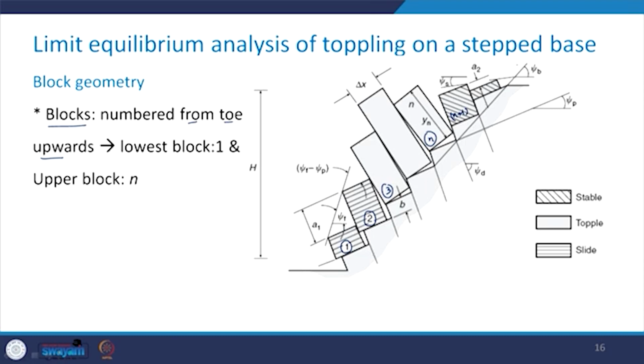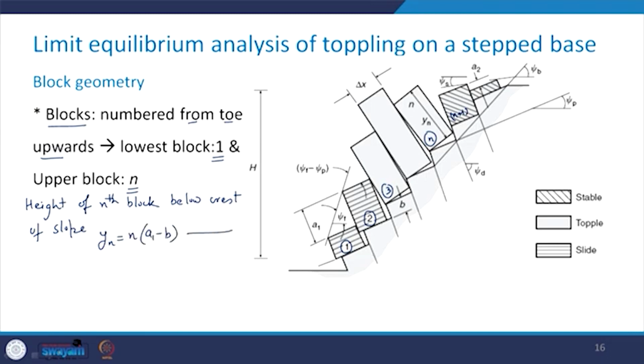So, the lowest block I will write as block 1, and the upper block for which the analysis is being carried out is going to be block n. So, the height of the nth block below the crest of the slope is going to be yn equals n into a1 minus b. This is equation number 8.